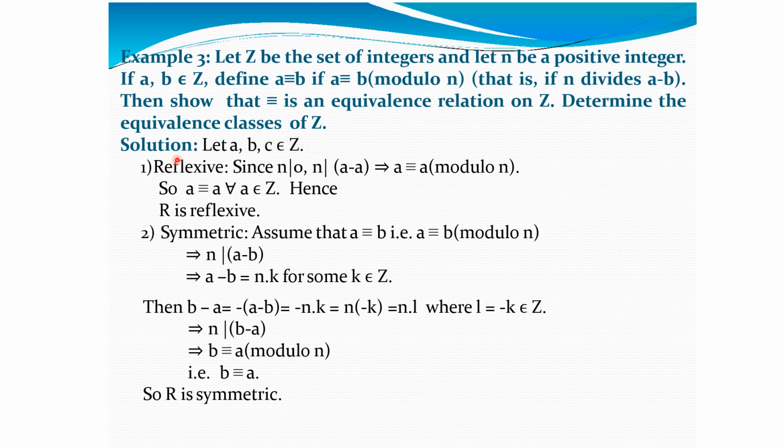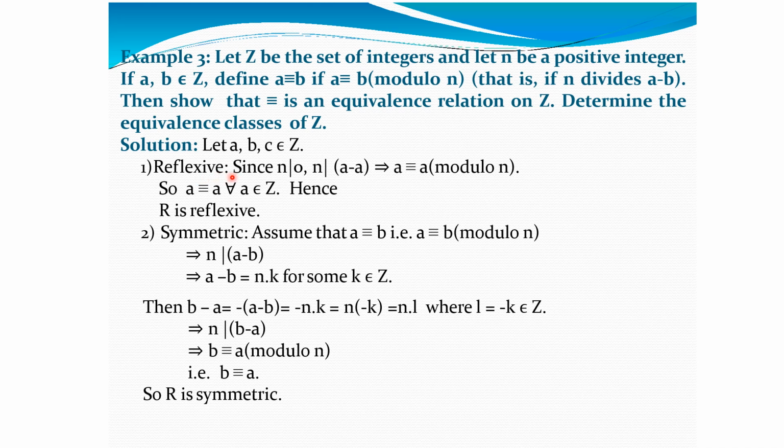So let a, b, c belong to Z. Now first is reflexive. We have to show that every element a in Z is related to itself. By definition, a will be related to a if a is congruent to a modulo n, that means n divides a minus a. Now n is a natural number, so n divides 0.